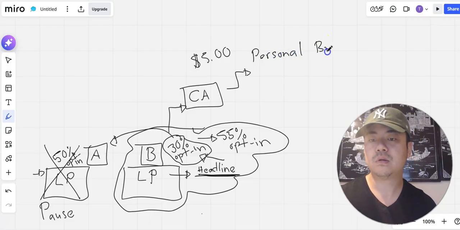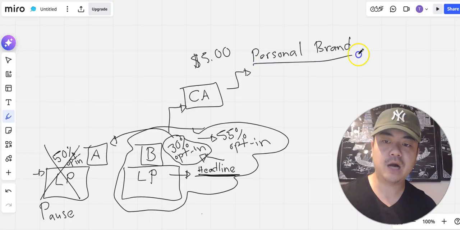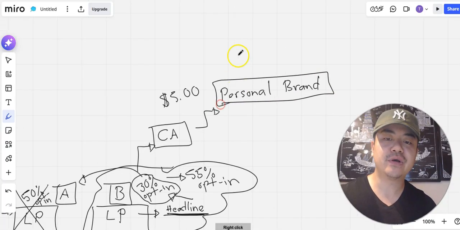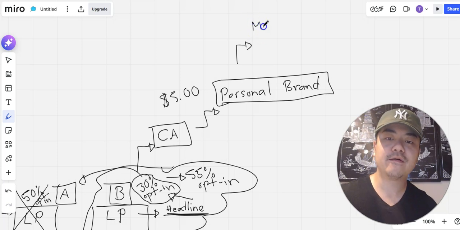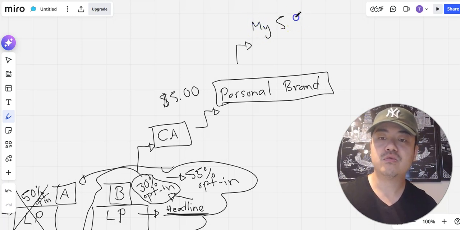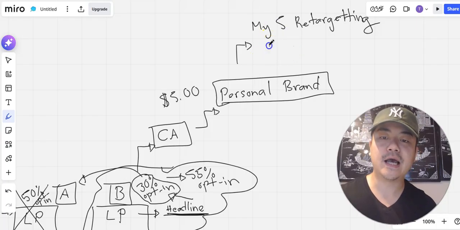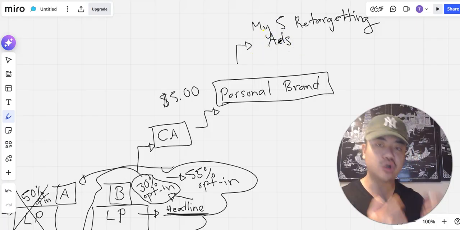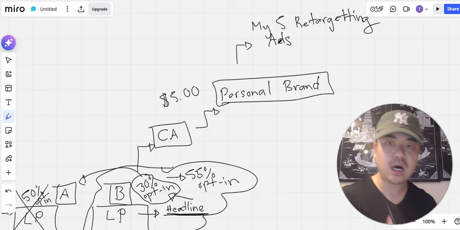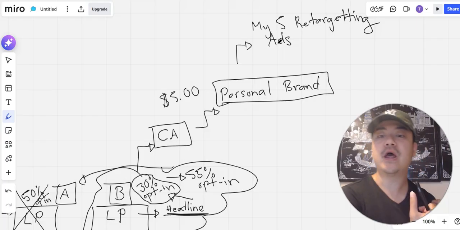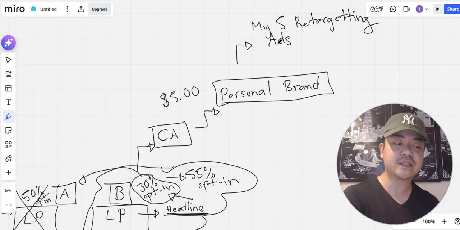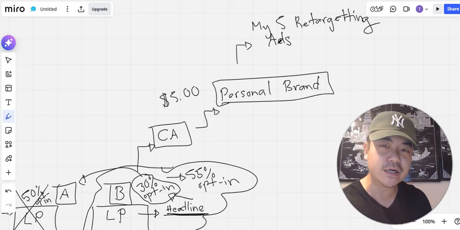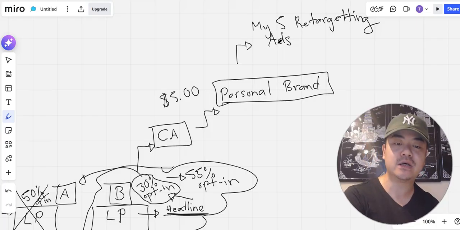In the future, I'm going to share my retargeting ads, so you can not copy but model what I do and have an idea of how to run this.